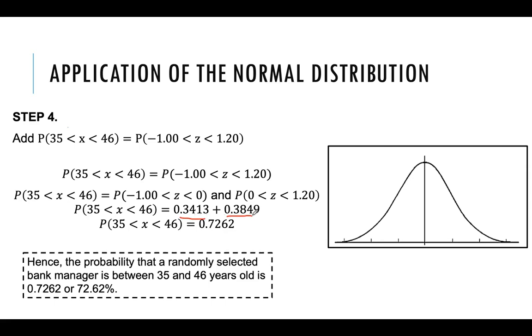So 0.3413 plus 0.3849, we will get 0.7262. So the probability that a randomly selected bank manager is between 35 and 46 years old is 72.62%.